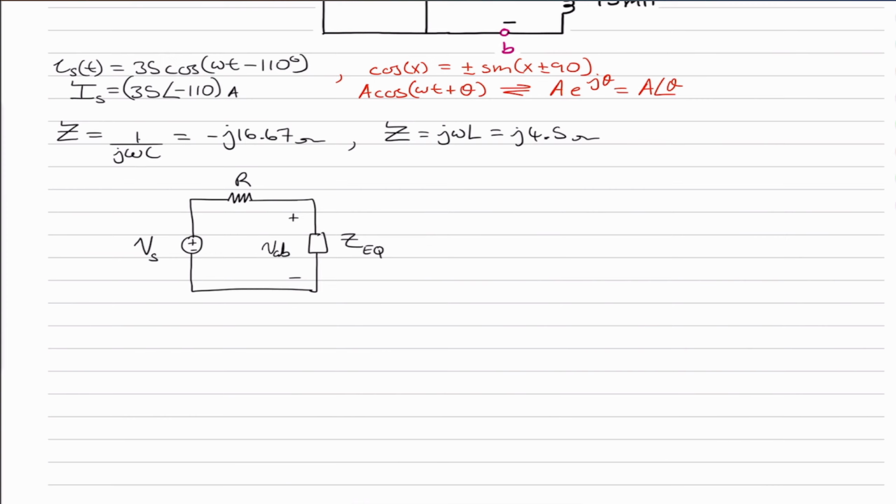So we transform our source by saying that Vs is equal to Is times R, which is equal to 35 with an angle of minus 105.